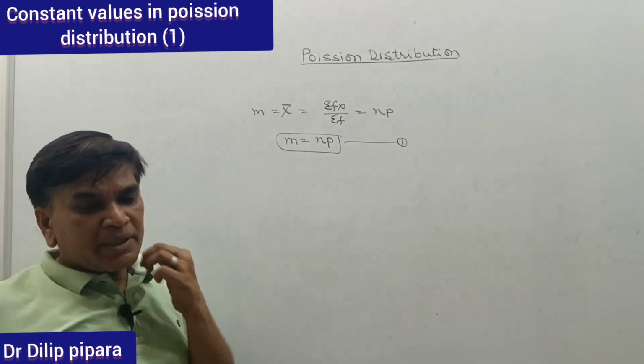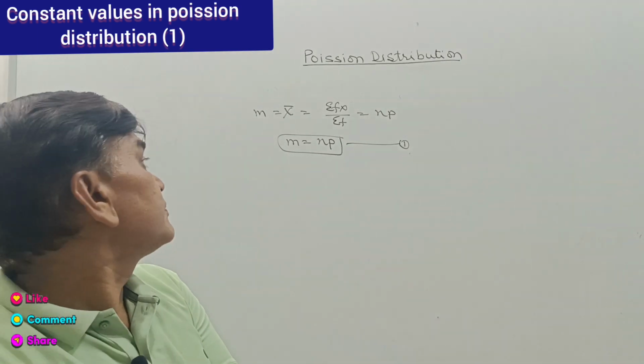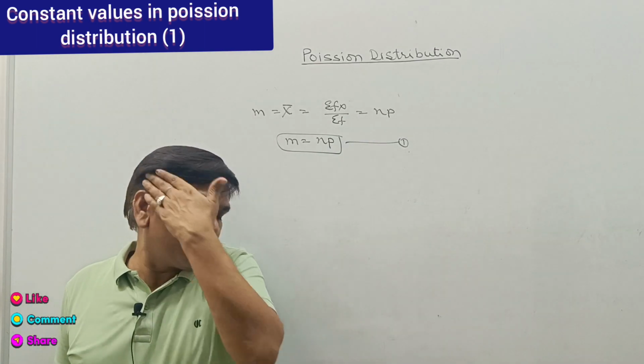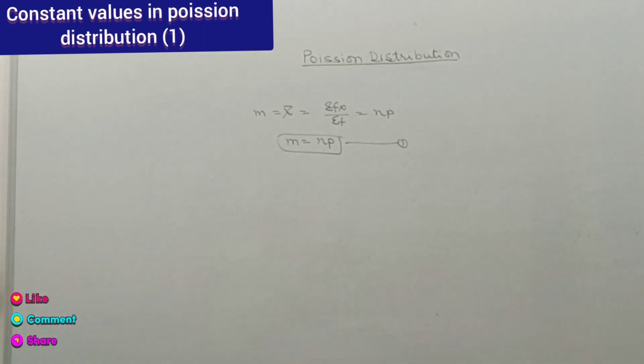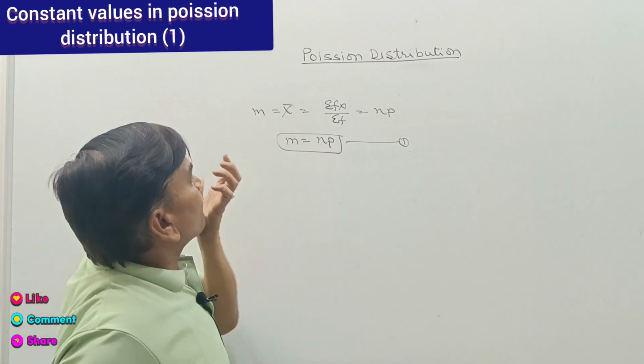For getting the constants of the Poisson distribution, first, for the arithmetic mean, we will use the formula: arithmetic mean is equal to sigma fx divided by sigma f, and that is np. So m is equal to np for the arithmetic mean.